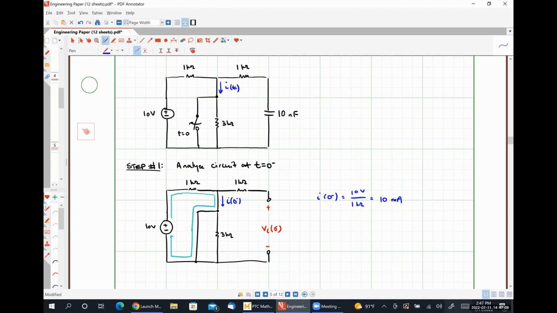Does anybody have a problem with the analysis that I've done there? All right, nobody's saying that they have a problem with it, so I'm going to assume that you're all in agreement. Does anybody have any thoughts about the capacitor voltage VC at 0 minus?